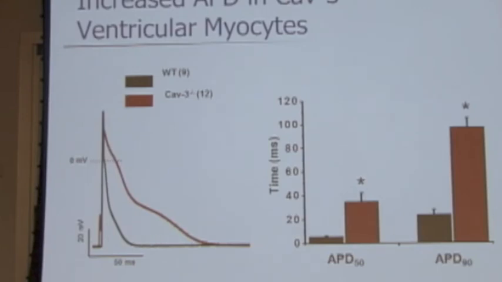This was a fairly striking finding and quite reproducible. So not only is the QTc prolonged, but in isolated myocytes we see what you might expect, a prolongation of the action potential duration. The obvious question is what ionic currents are changed to be responsible for this prolongation of the action potential.